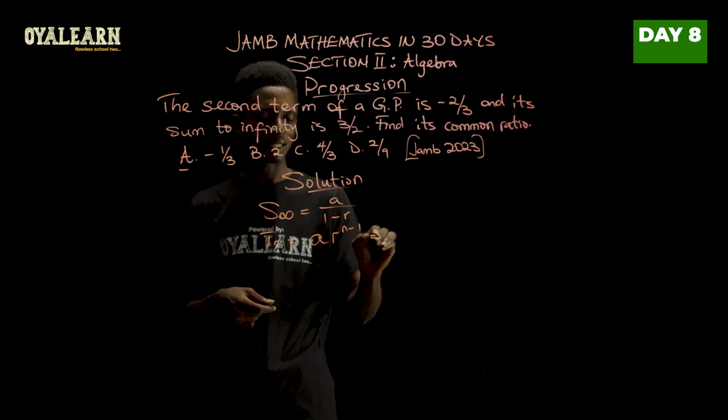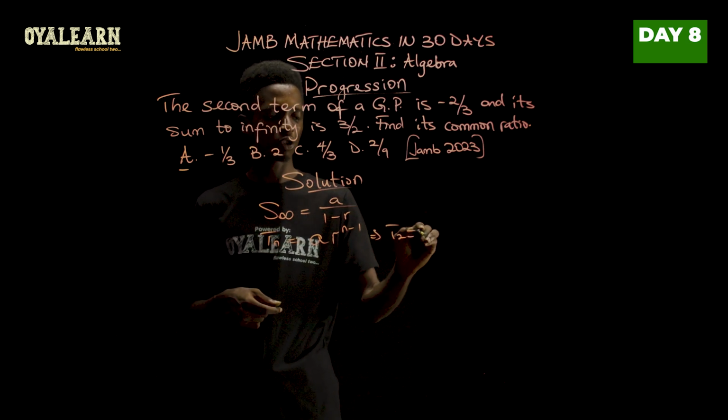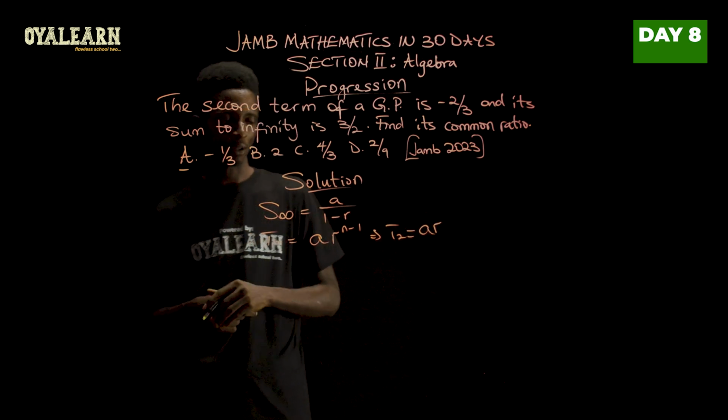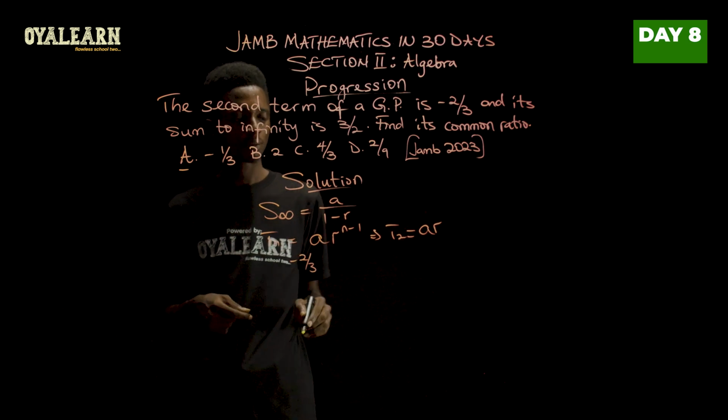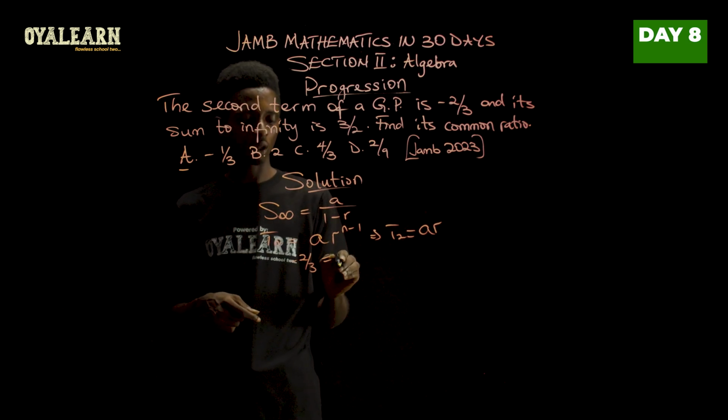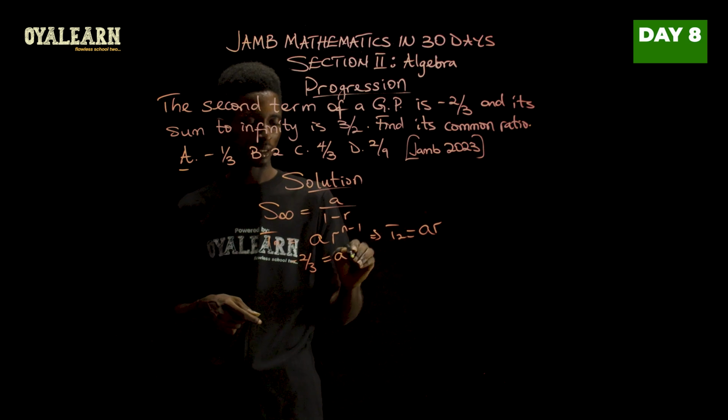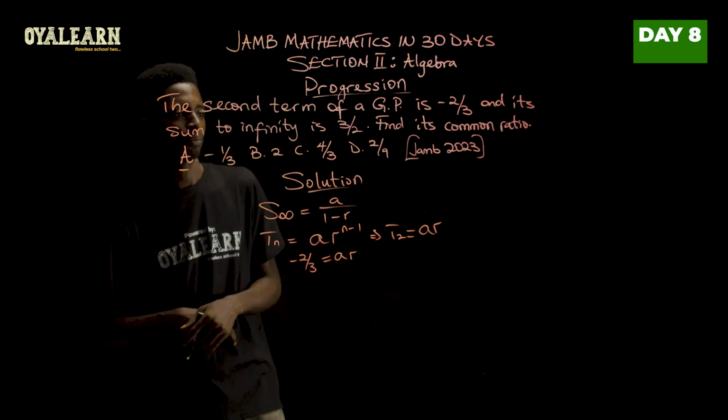Which implies that the second term T2 is going to be ar, right? So if the second term is minus 2 over 3, this will equal ar.